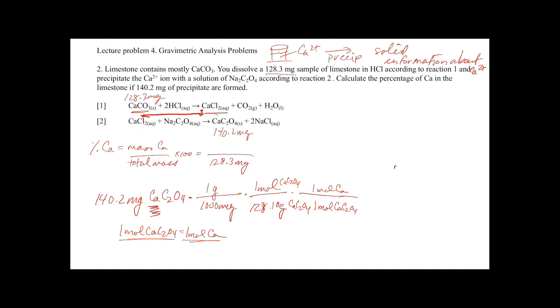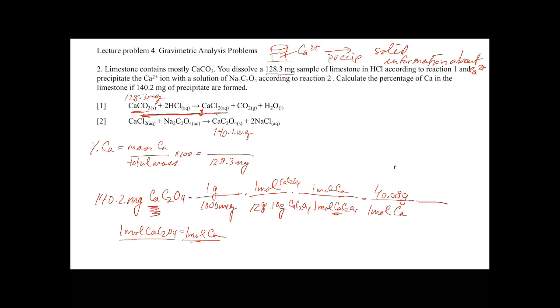So in this case, this is giving us information about the calcium, because we know that for every 1 mole of the full compound, there's 1 mole of calcium. So then with this, we're going to multiply for every 1 mole of calcium, there's 40.08 grams of calcium. That's the molecular weight of calcium.